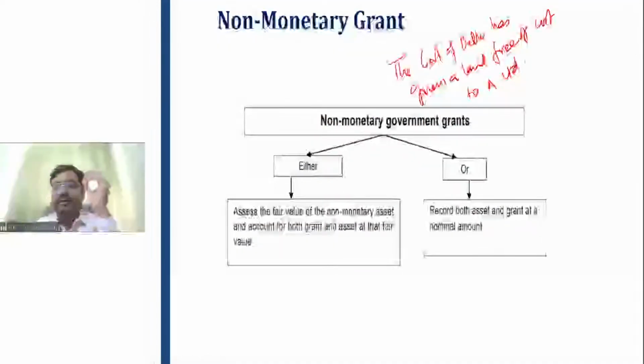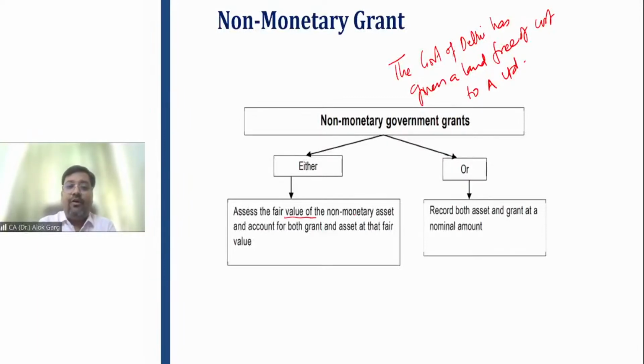The standard says that if a government is giving a non-monetary government grant, then there are two treatments of that government grant. One, of course, this asset is free of cost. So one, you have to recognize this asset and government grant at fair value. So assess the fair value of the non-monetary asset and account for both grant and asset at that fair value, right?